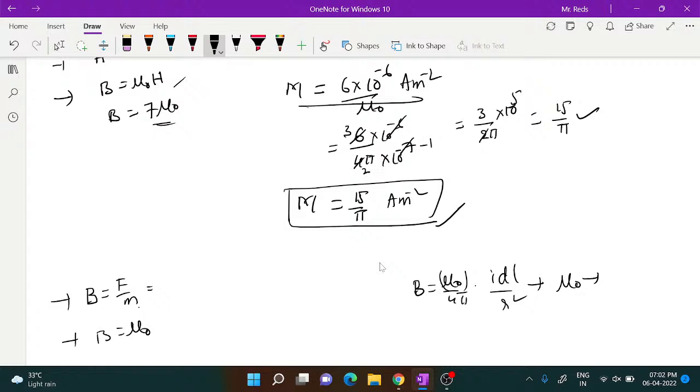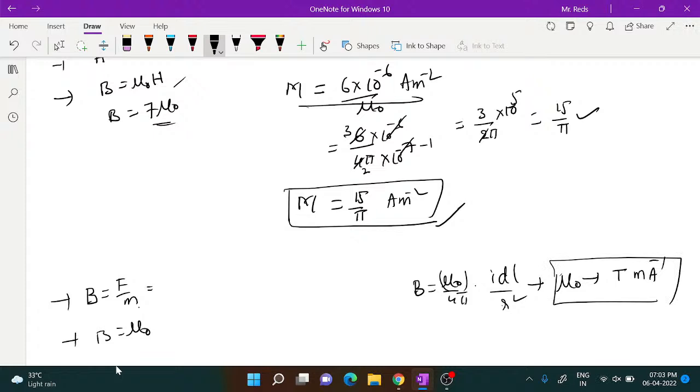Meter cancel will be meter. So it will be Tesla meter per ampere. Tesla meter per ampere, right? So the value is given in terms of ampere per meter. So mu naught is this, but B is supposed to be Tesla.